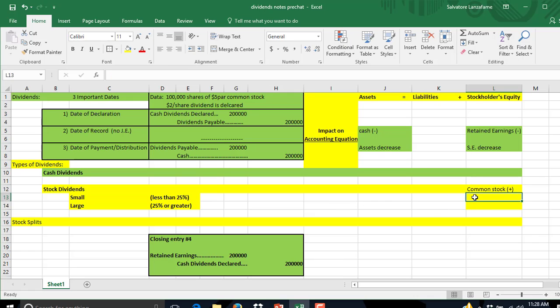It's possible that you could have a PIK account involved. So your PIK account may also go up if it was involved. There may not be any PIK, however, so that's a possibility. And your retained earnings go down.